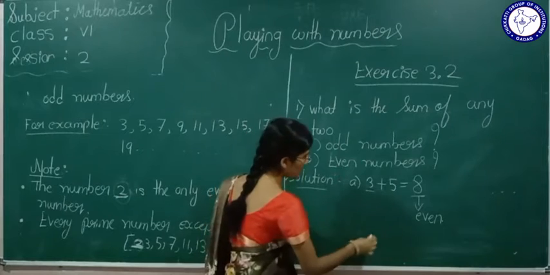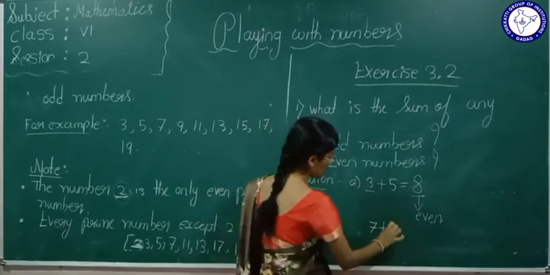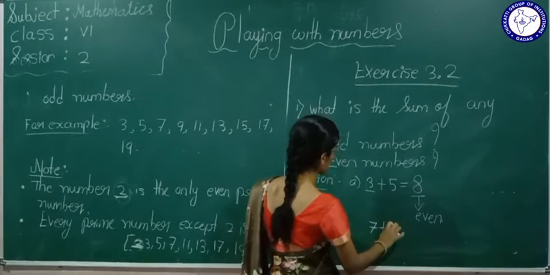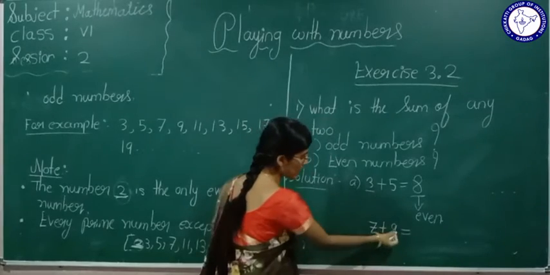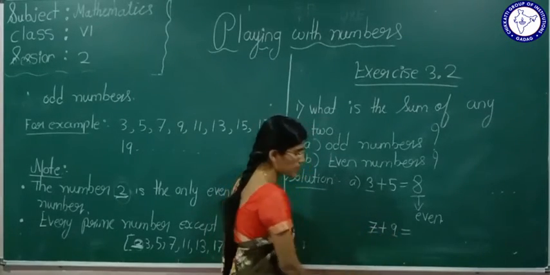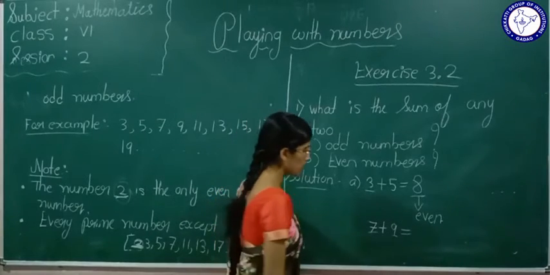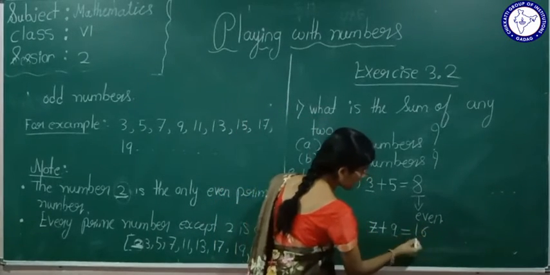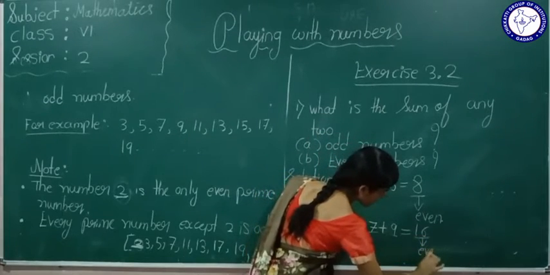Take one more example. 7 is an odd number, and 9 is also an odd number, because these are not the multiples of 2. So what is 7 plus 9? 7 plus 9 is 16. Now tell me, is this 16 even number or odd number? This is even number.